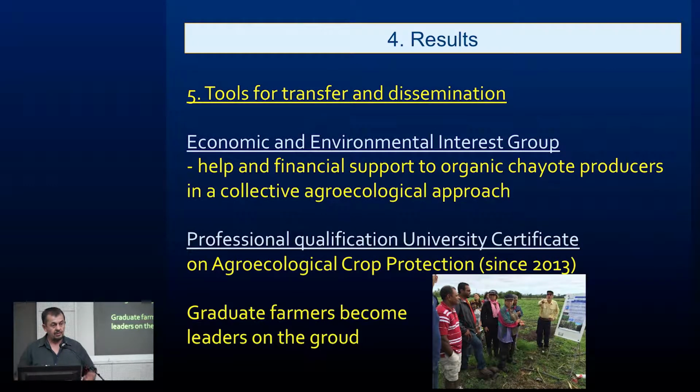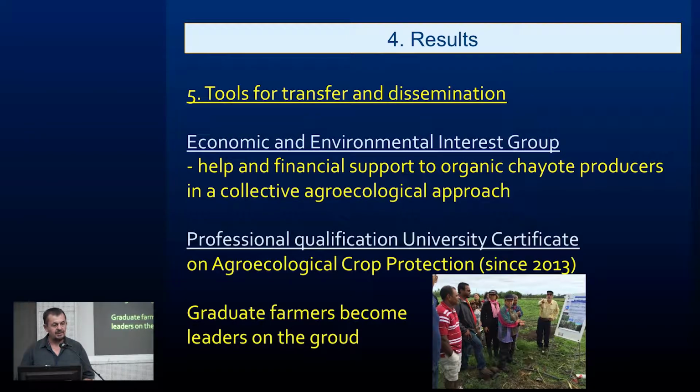We have also some tools that have been developed by extension actors and policymakers, such as the economic and environmental interest group. This tool helps farmers who want to work together more collectively in an agroecological approach.